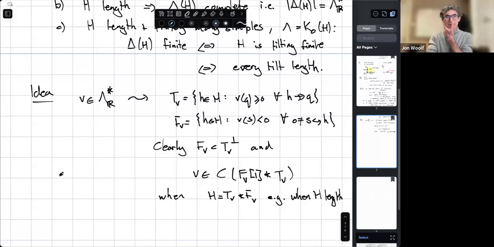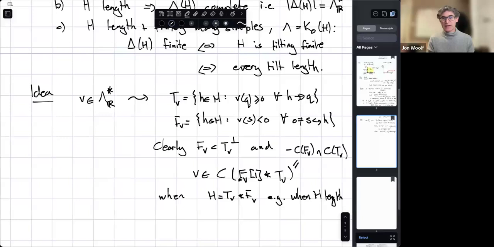Right, what else do I want to say? Anything else about this result? Right, so the point about the independence of D is that this cone is just minus the cone on F_v intersect the cone on T_v.